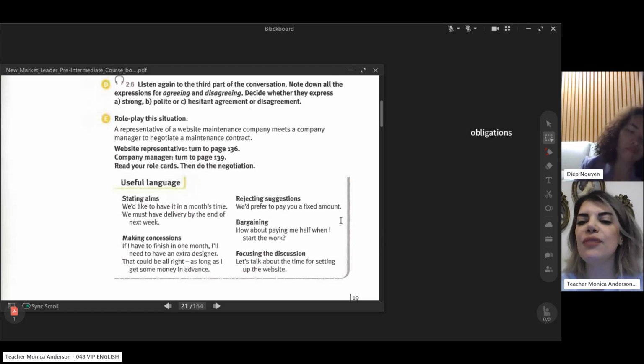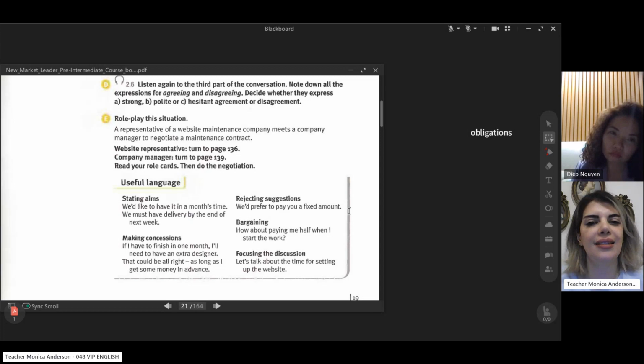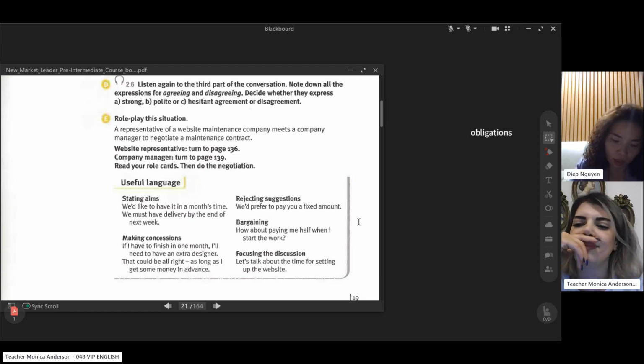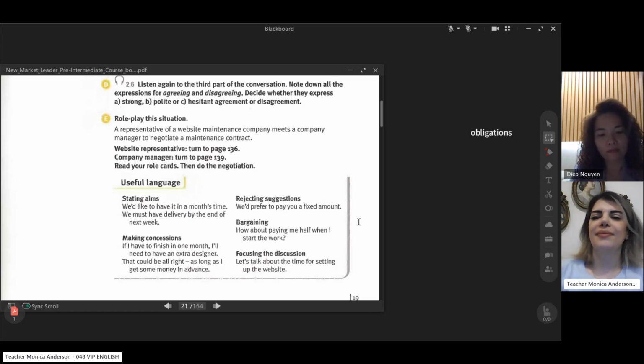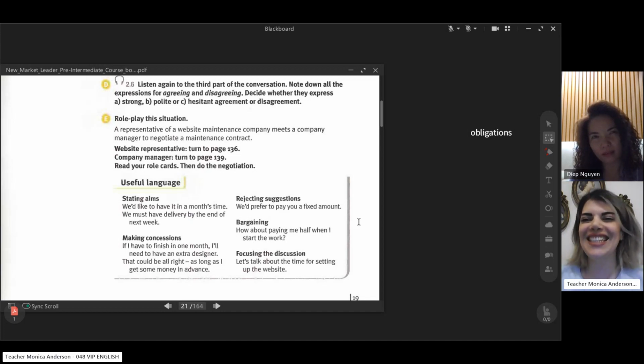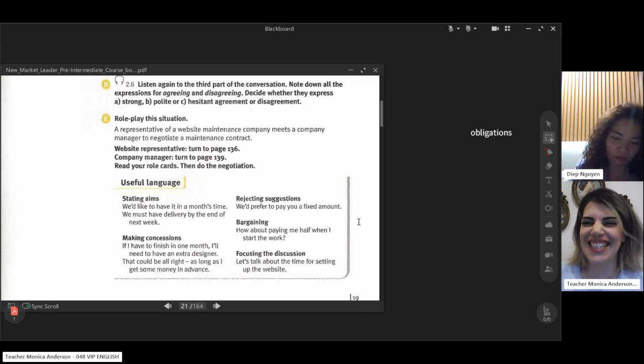And before this phrase, you heard, maybe you're right. Designer said, maybe you're right. So what is this? This one is hesitant, because we have maybe.